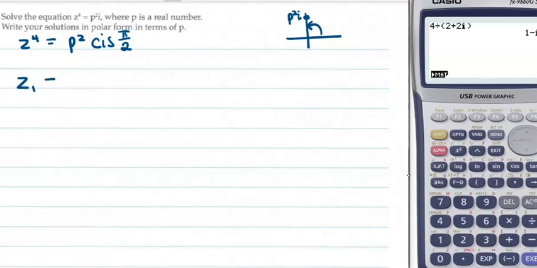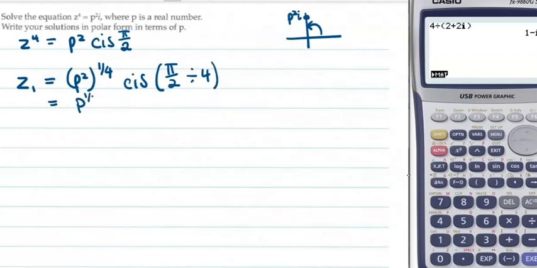So the first root is to take the p squared and put it to the 4th root, and the argument gets divided by 4. So this equals p to the half cis, and then a half divided by 4 is 1/8, so pi by 8.